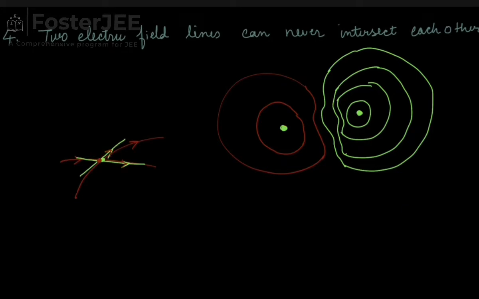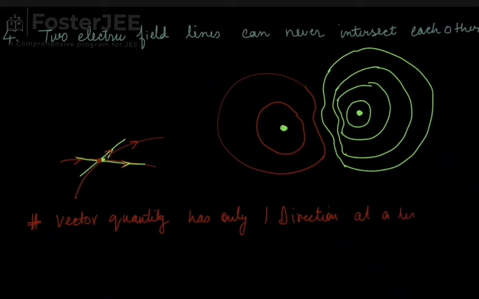But the property of vectors says that a vector quantity has only one direction at a time. Hence, it's not possible. So, it's true that two electric field lines can never intersect each other.